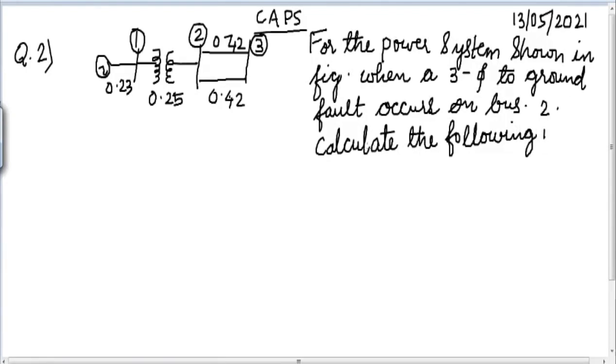Okay. So number 1, what are to be calculated? Let us see. Number 1, short circuit current at bus 2.